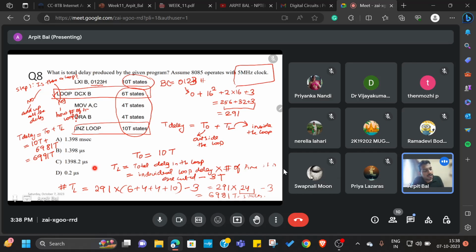So it means T delay in terms of actual value is equal to 6991 divided by f clock, that is 5 megahertz, 5 into 10 to the power 6. So can someone calculate and tell me what is the answer?